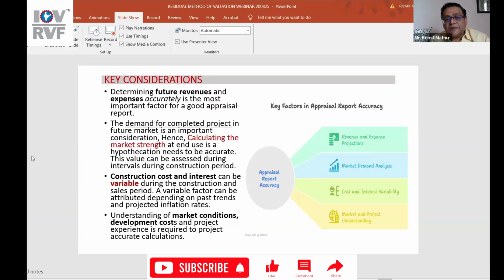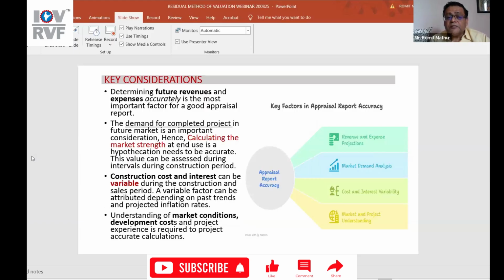Key considerations. Determining the future revenues and expenses accurately is the most important factor for a good appraisal. Now, if your future revenues and expenses are not accurate, if they are going haywire, then your pricing of the land, which is the main purpose of this exercise, may not be correct, and this can mean losses for the builder.